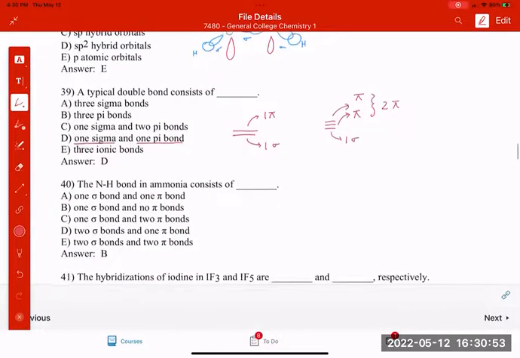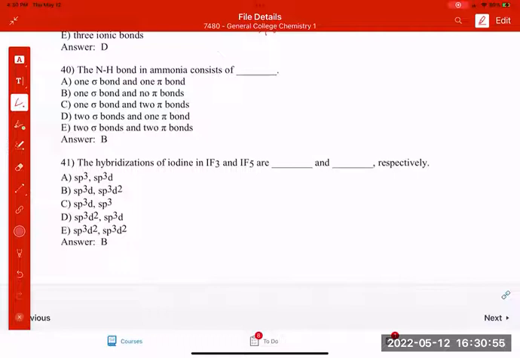All right, next is the NH bond in ammonia consists of how many sigmas and how many pi's? Here you need to again draw the Lewis structure. So here's the ammonia, with bonds and a lone pair. Now how many sigma and how many pi? 3 sigma and 0 pi.